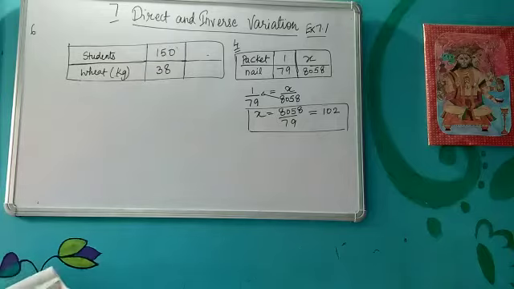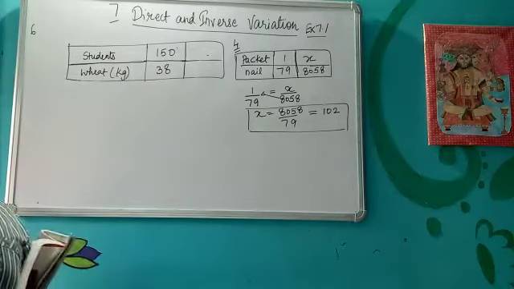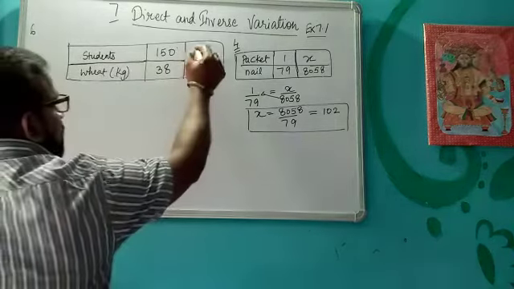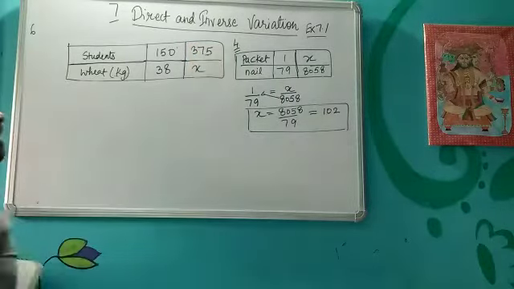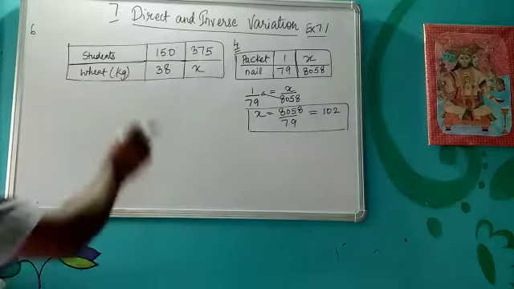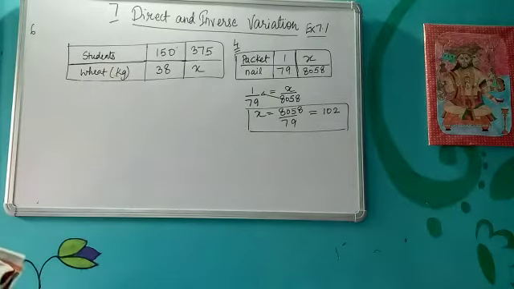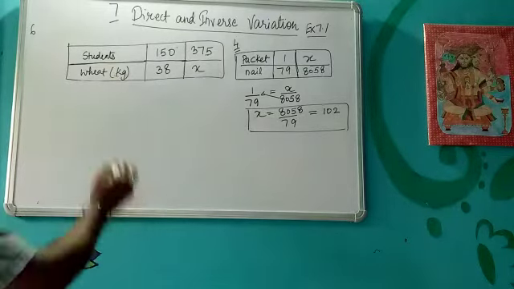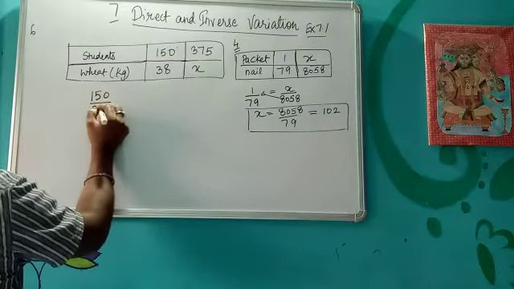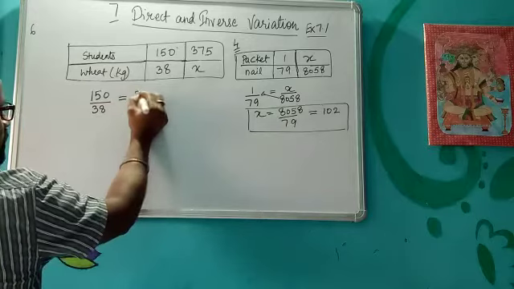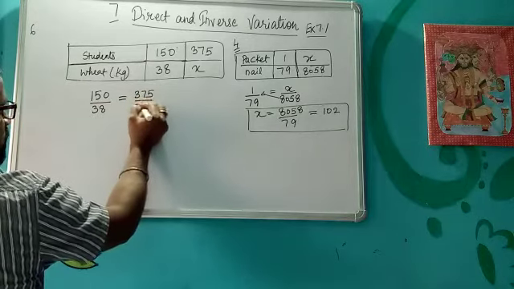Now find the consumption if the number of students becomes 375. So if the number of students becomes 375, that is, they are increased, definitely the consumption of wheat also increases. So again it is direct variation. So it is 150 upon 38 equal to 375 upon x.